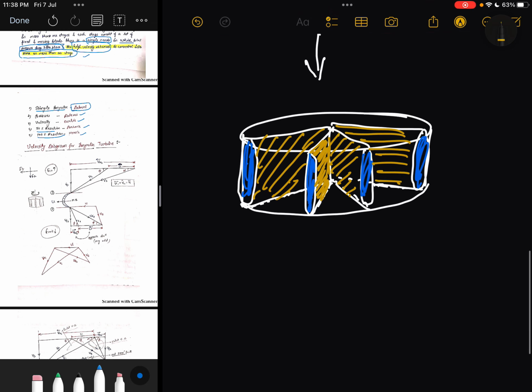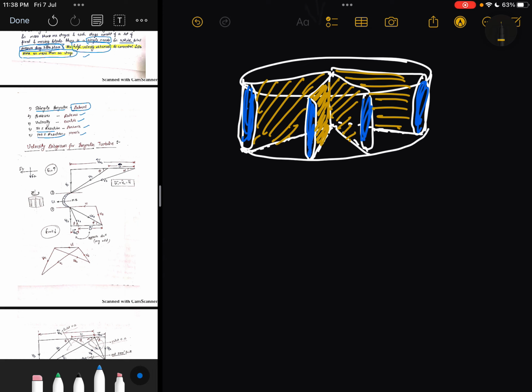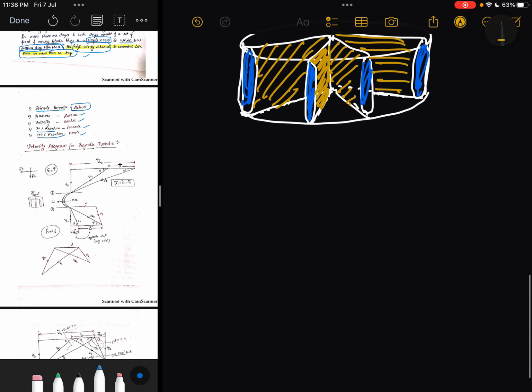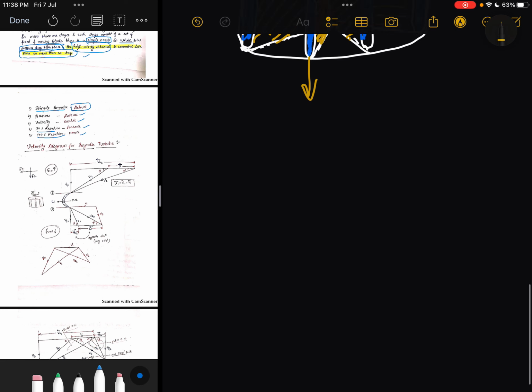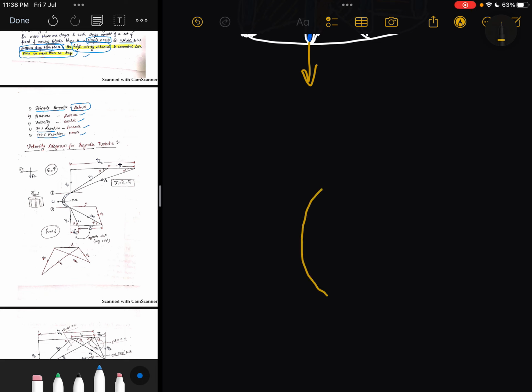Somewhat it is able to be visualized. Now I will take this section of the blade, and I will draw it like this. It is somewhat curved.